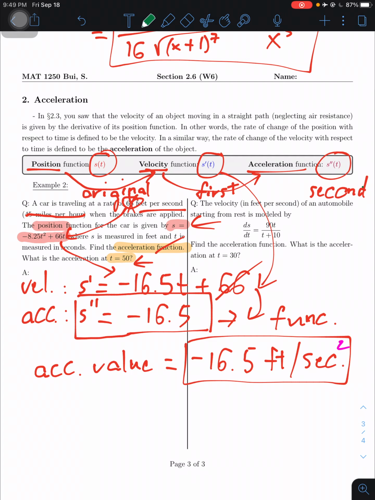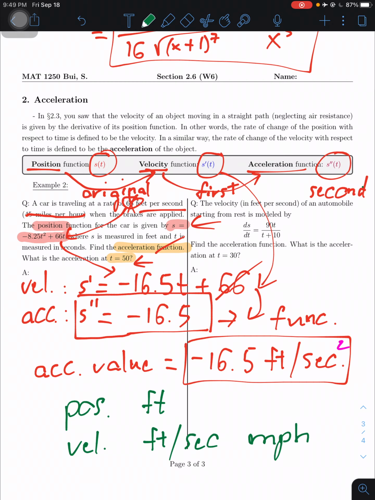The unit is really important. For position values, things are measured in feet or miles. For velocity, everything is measured in feet per second, or miles per hour for mph. If you go for that, then the position will be in miles.